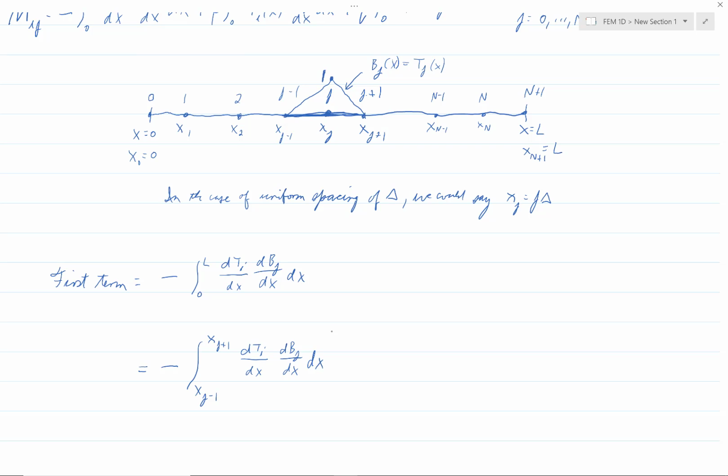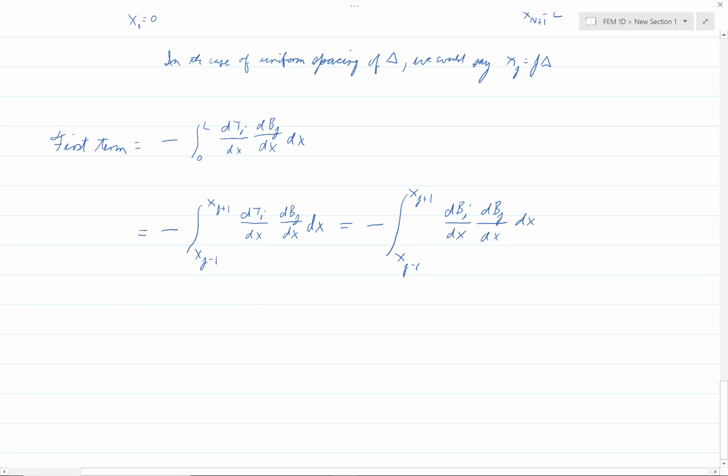Now, likewise, dti dx, remember, since we're using Galerkin testing, this could actually be written like this: minus the integral from xj minus 1 to xj plus 1 of dbi dx dbj dx dx, because ti is equal to bi because we're using Galerkin testing.